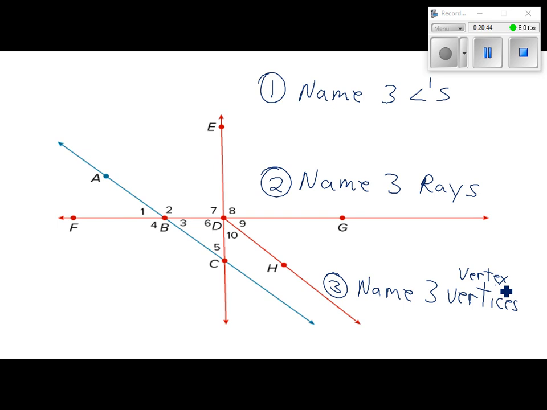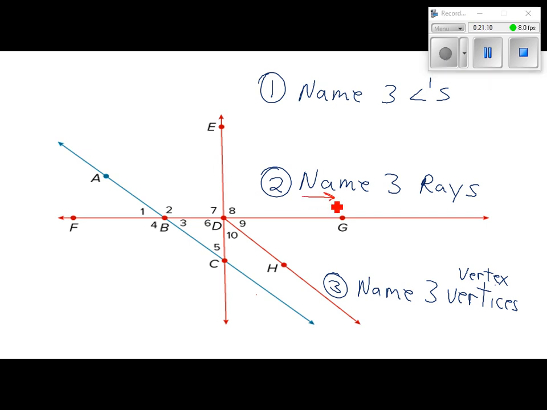So take a minute. First person with their hand up in the air, I'll let you answer whichever question you want. You just tell me which one, and we'll answer that. Then once we get down to the end, if you haven't volunteered an answer, you'll get whatever's left. Go ahead, Josh. Number 2. All right. Ray DH.